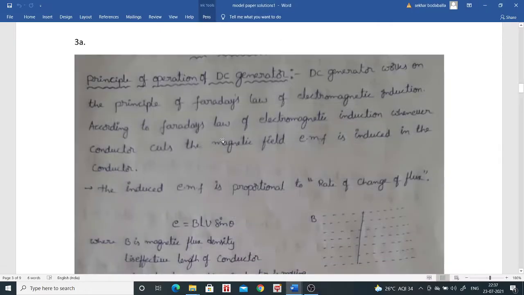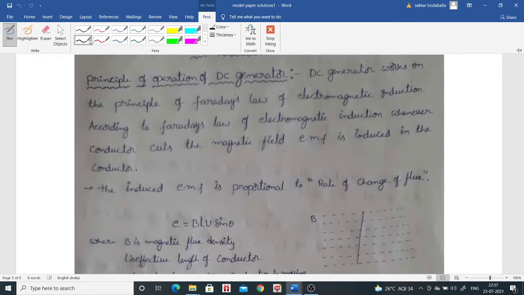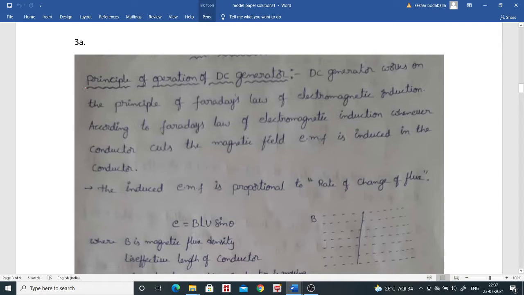Now let us see the principle of operation of DC generators. A DC generator works on the principle of Faraday's law of electromagnetic induction. According to Faraday's law, whenever a conductor cuts the magnetic field, an EMF will be induced in the conductor.